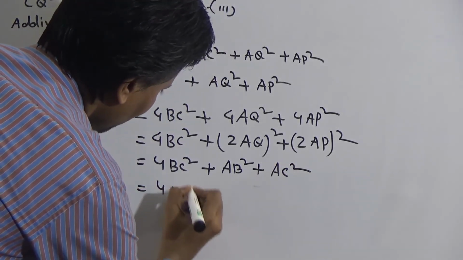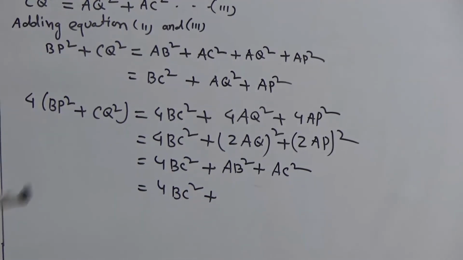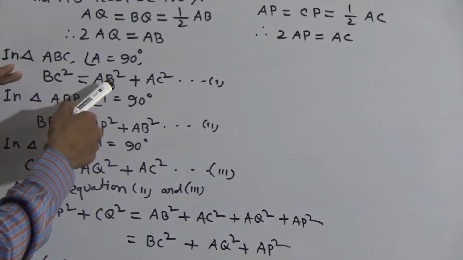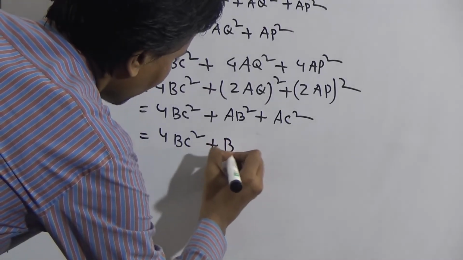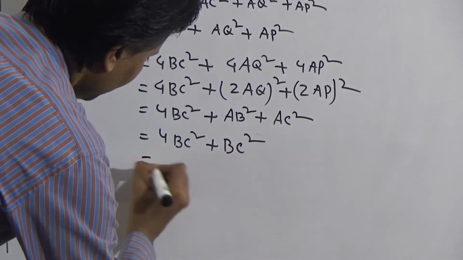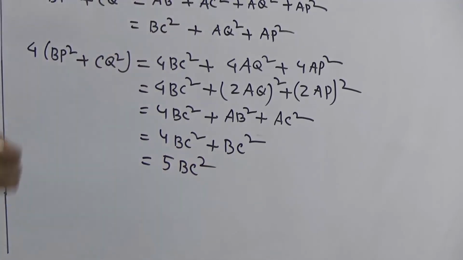Right here, 4 BC square, AB square plus AC square equal to what? You see equation 1, AB square plus AC square equal to BC square. Right here BC square, that means 5 BC square.